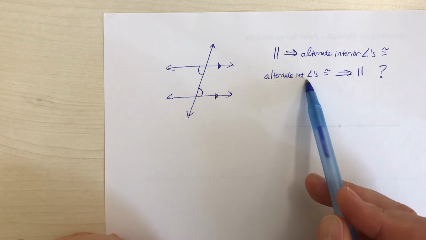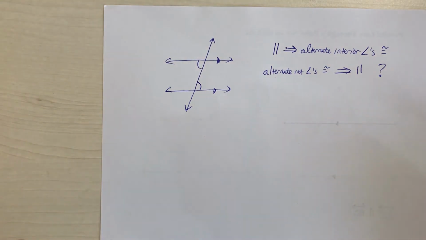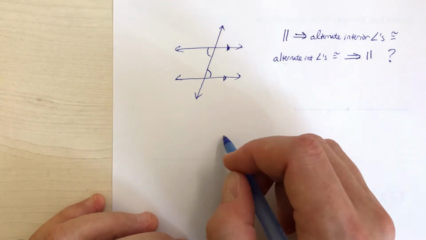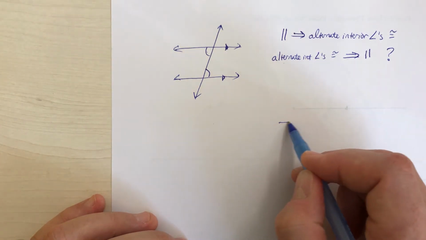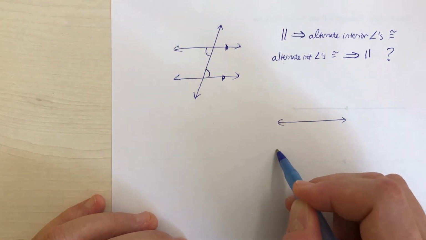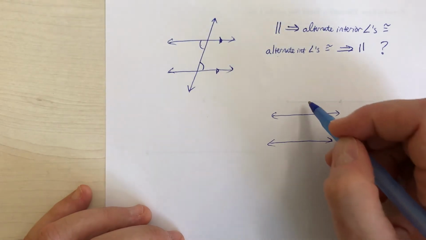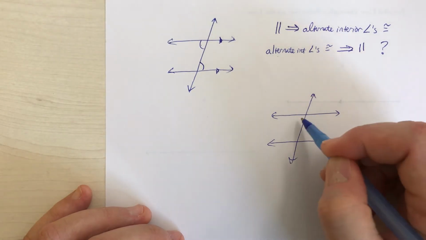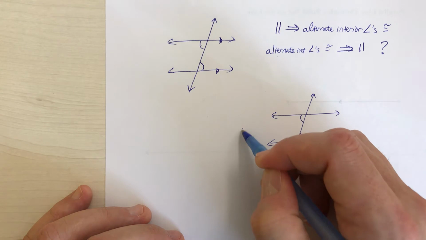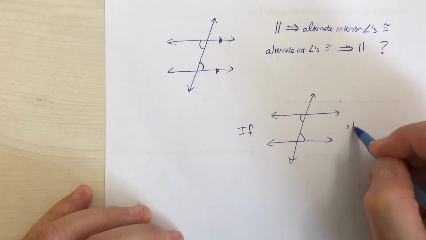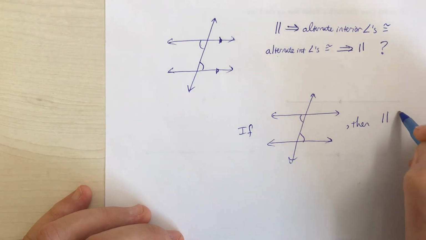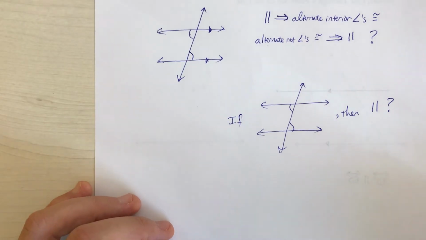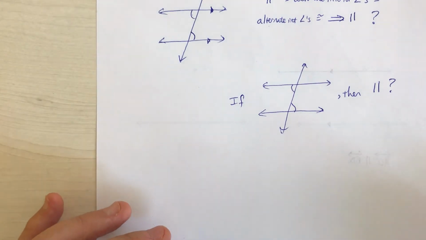If alternate interior angles are congruent, does that make the lines parallel? So let's say you have a picture here. What we're asking is, if we know that, can we say that the lines are parallel? That's what we're going to try to prove.